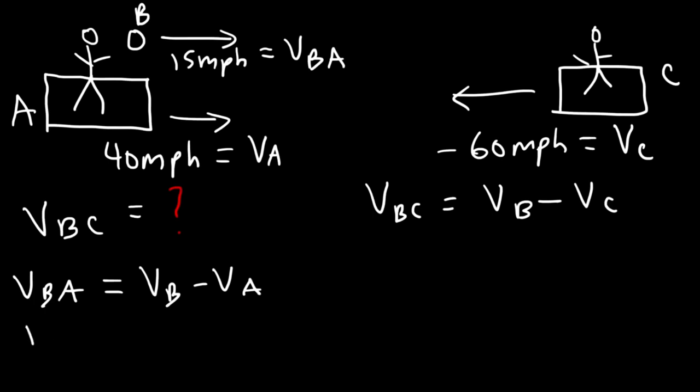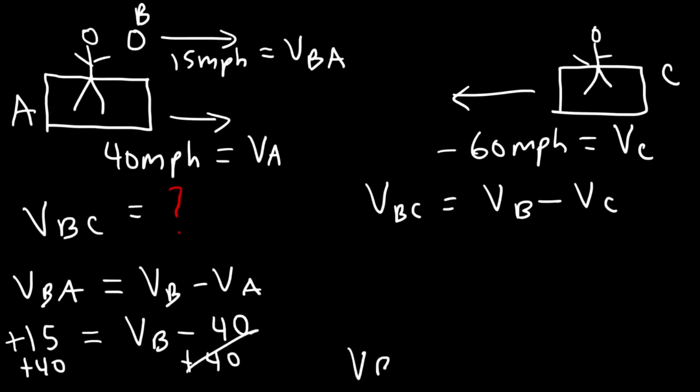So VBA is positive 15, going towards the right. VB we don't know, but VA is 40. So to find VB, we add 40 to both sides. Therefore, VB is 15 plus 40, so it's 55 miles per hour.